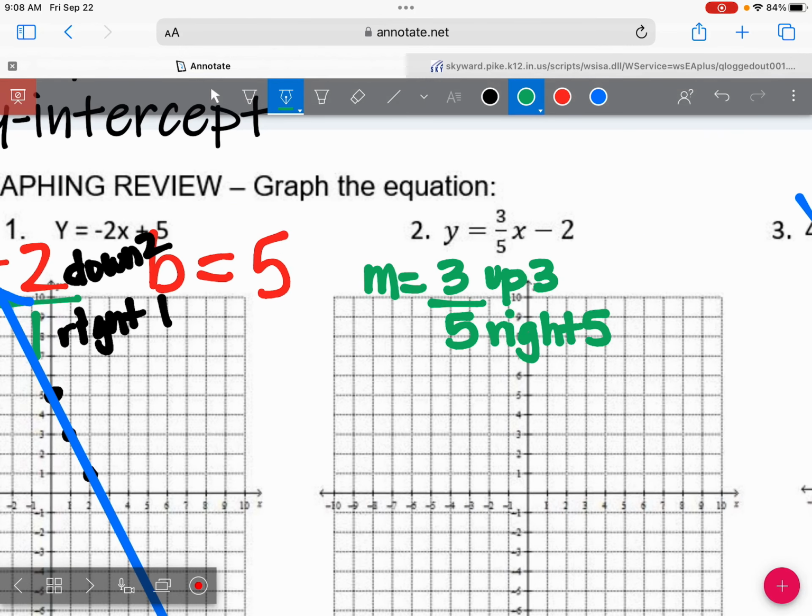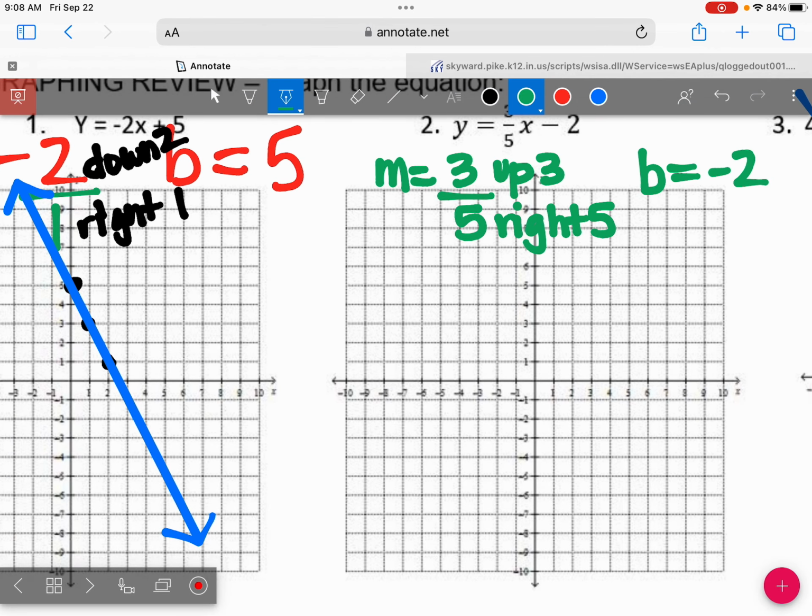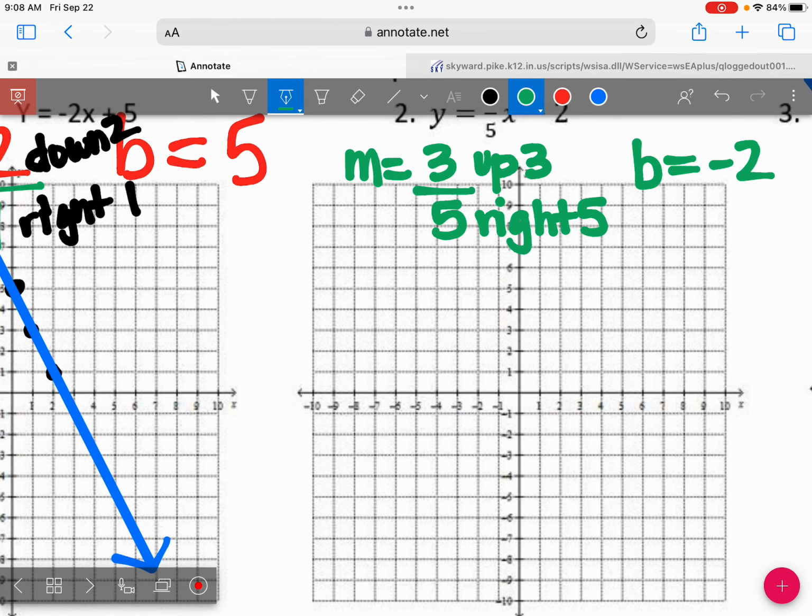And then I'm going to begin at negative 2. So this time, put a point at negative 2 on the y-axis. And from that point, move up 3 to the right 5. So up 3, 1, 2, 3, 1, 2, 3, 4, 5.